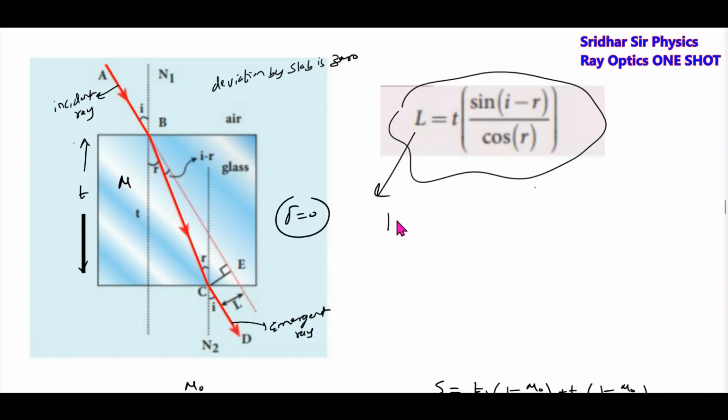What is L? L is the lateral shift of the incident ray, which we are discussing. t is the thickness of the slab, i is the angle of incidence, r is the angle of refraction. So you have to remember this, very useful for exams.